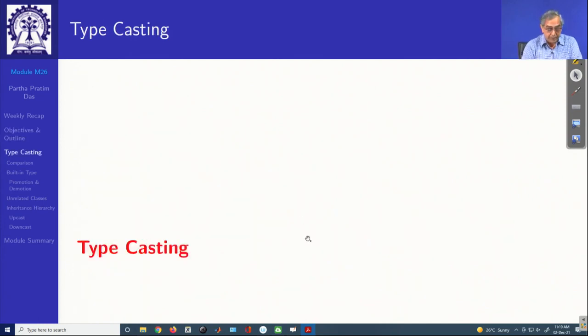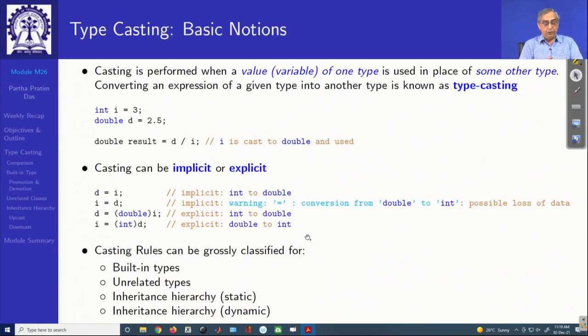Talking about typecasting, I am sure all of you know typecasting from C in a very compact way. Casting is performed when a value or variable of one type is used in place of some other type.